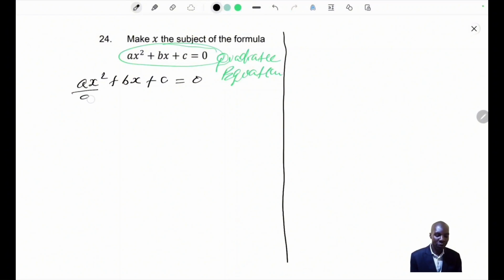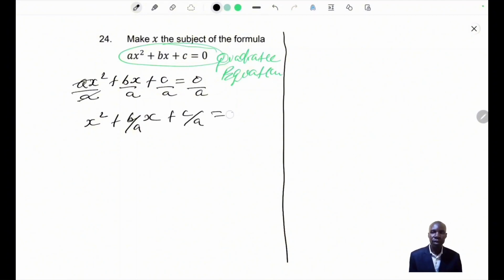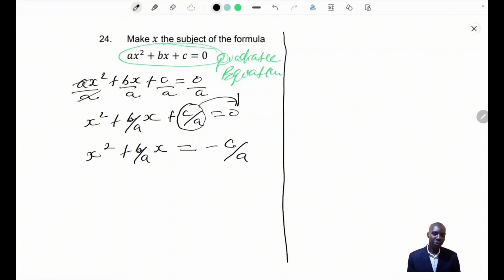We can divide both sides by the coefficient of x squared. That will give us x squared plus b over a x plus c over a equal to 0. Then the next step is to bring c over a to the right. So we'll have x squared plus b over a x equal to minus c over a.